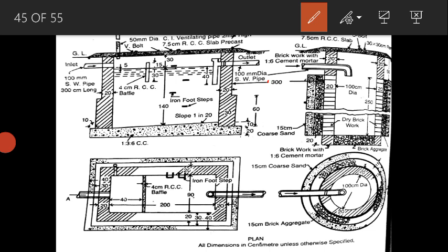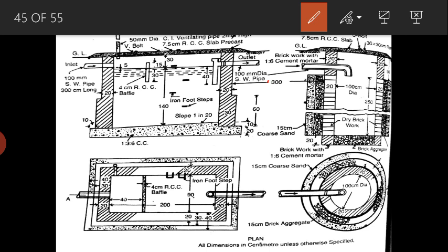So now if you see the section of the septic tank, at the bottom it is made up of 1:3:6 concrete. That height is 20 meter, and it has a slope of 1:20. They have made the slope in such a way that whatever the destabilized sludge is there, it is going to settle and move towards the left hand side of the diagram.